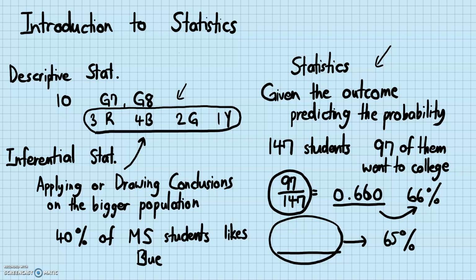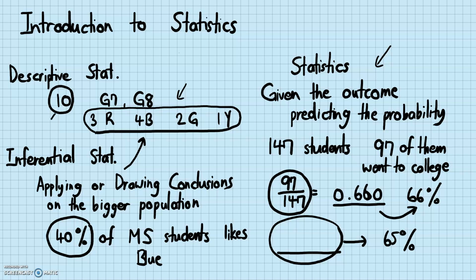Now, of course, this is not going to be true because our sample is too small. We have only asked 10 students, and it's very likely that maybe half of those students said they like black, and that doesn't necessarily mean that half of the middle school students in the world are going to like black.